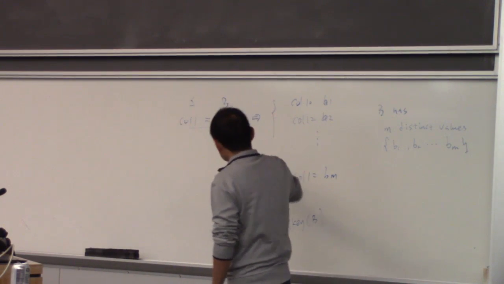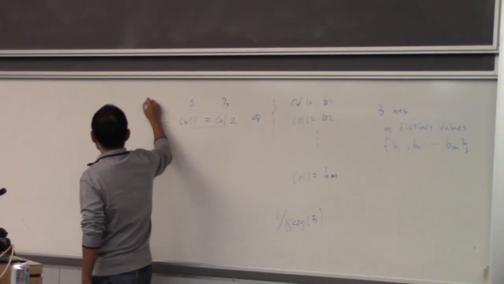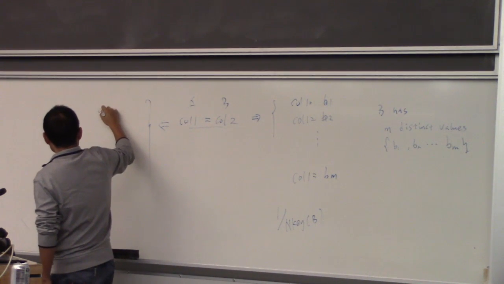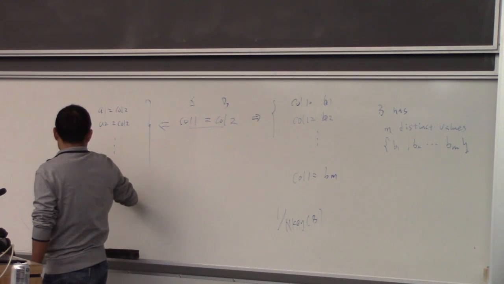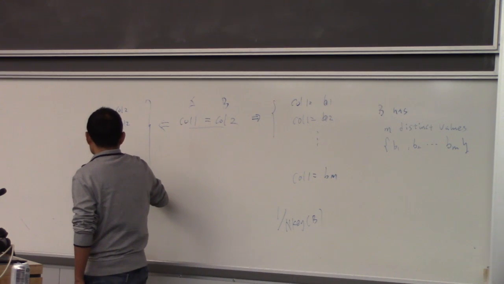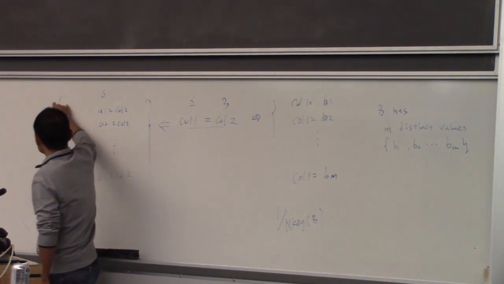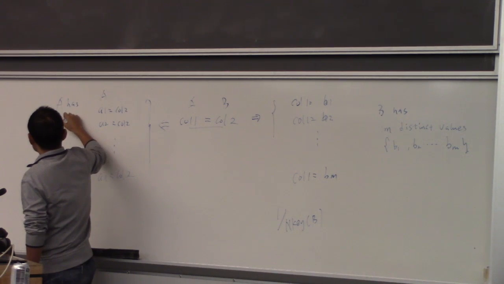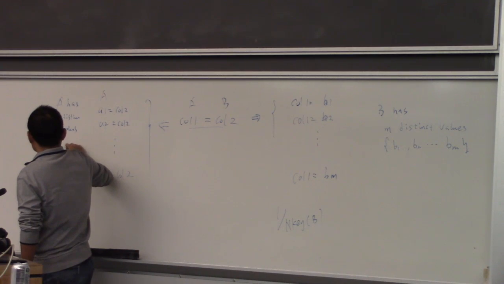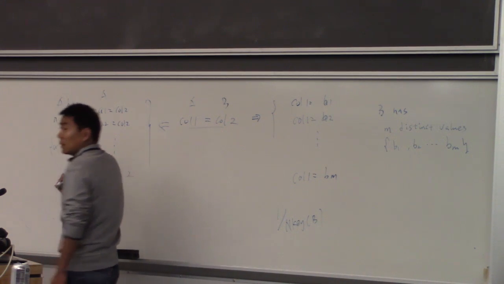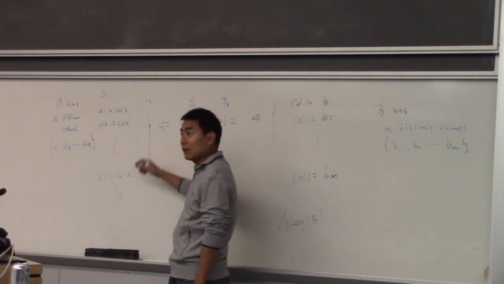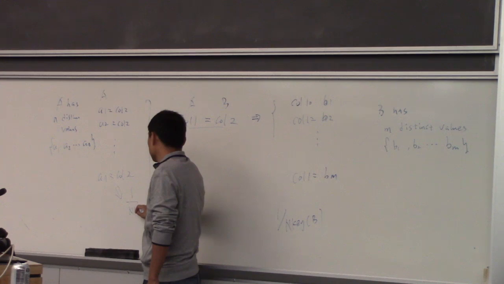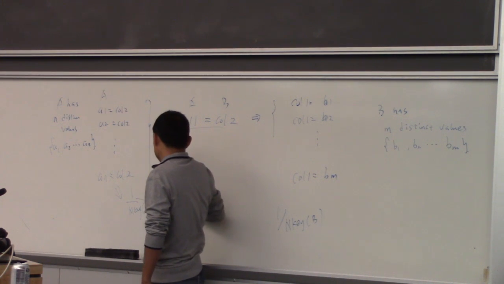And similarly, you can also convert this to, assuming A has n distinct values, so this gives you the conclusion that the selectivity of this is 1 over the number of keys in A, which is essentially 1 over small n.